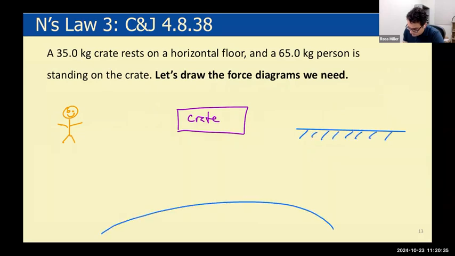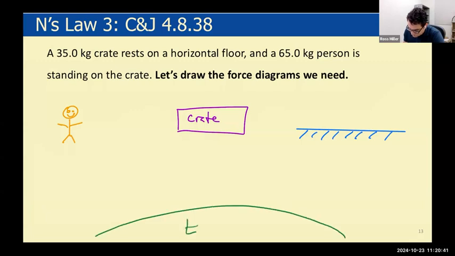And then there's actually the earth too. So in Newton's third law, you're going to have equal and opposite pairs. For the interactions, you have to draw all of the objects that are interacting. So these are each of our individual systems, if you will, whether it's one big system, and these are all the mini systems.